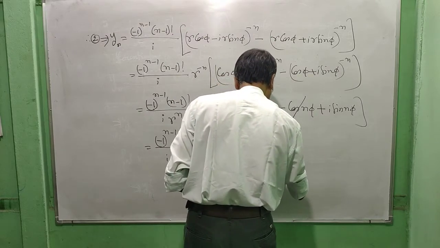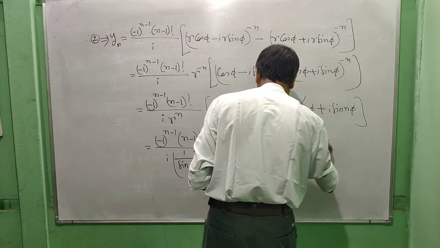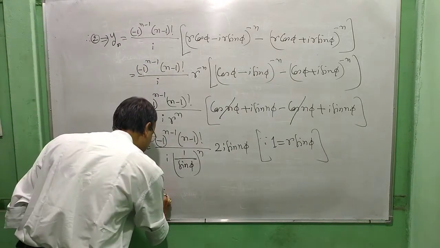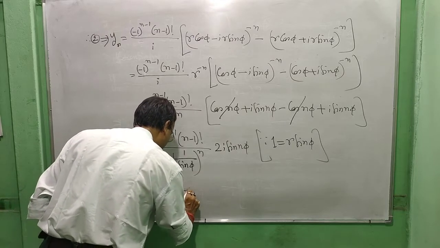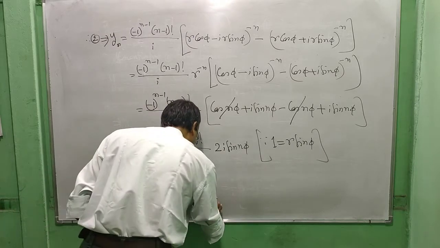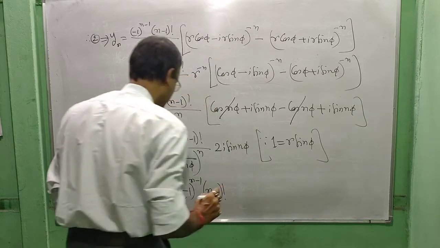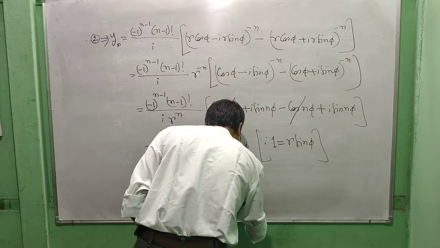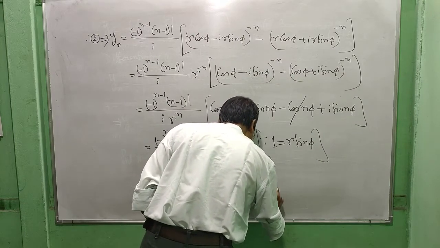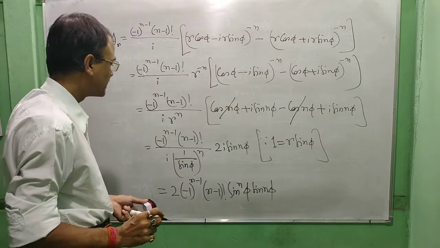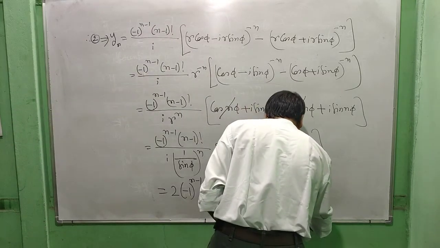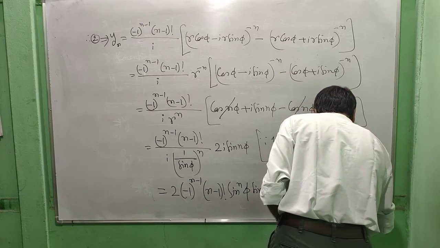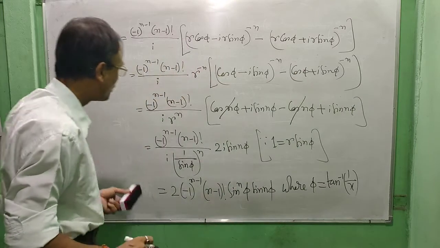So this is equal to 2 times minus 1 to the power n minus 1, factorial n minus 1, the i will be cancelled, times sin to the power n phi times sin n phi, where phi is equal to tan inverse 1 by x.